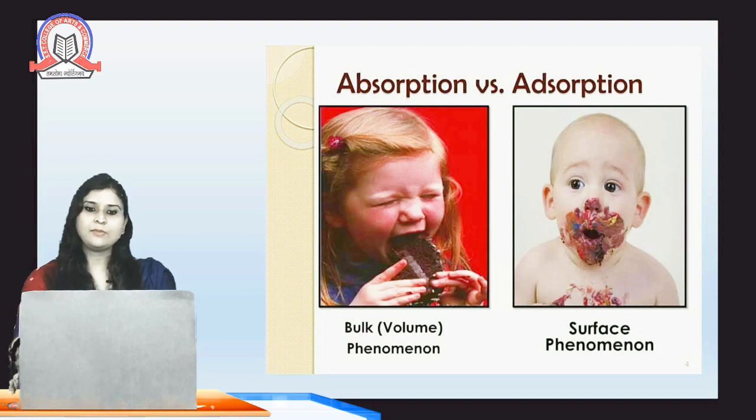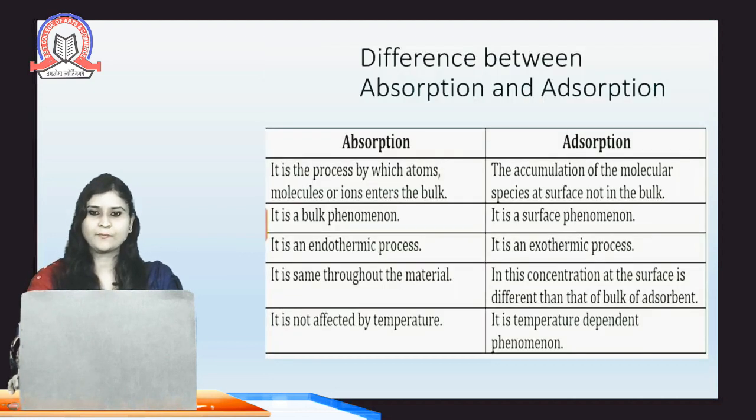In the first image, the bulk volume, the whole amount, is going inside the child. But in the second image, the chocolate is all over the mouth and face of the child, that is, he hasn't eaten anything but put all the chocolate on the surface of his mouth.